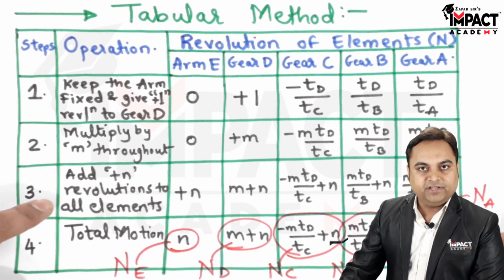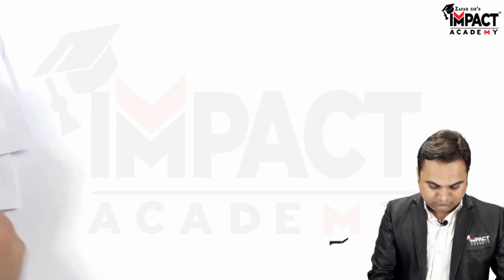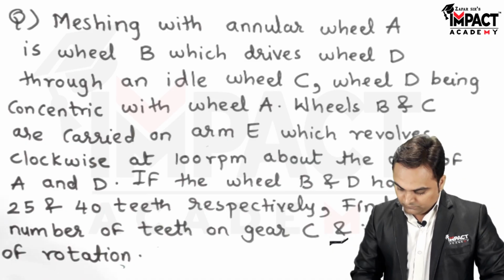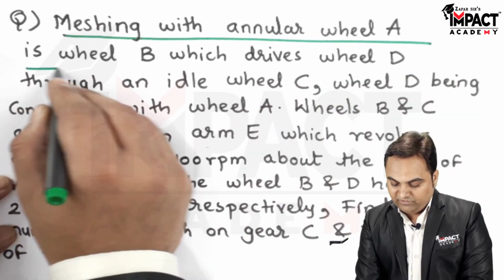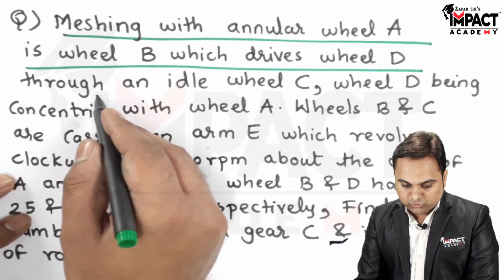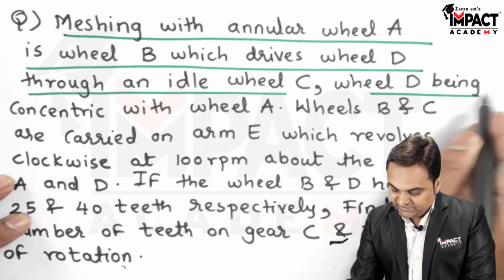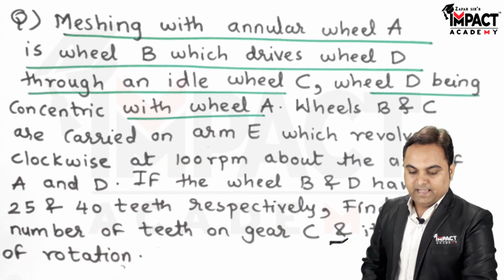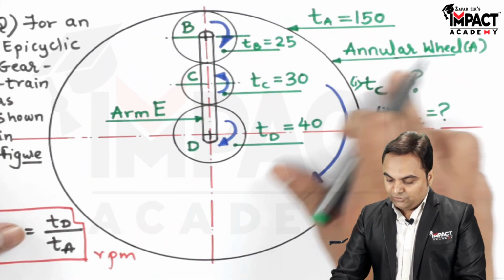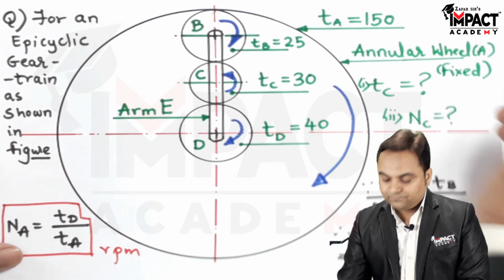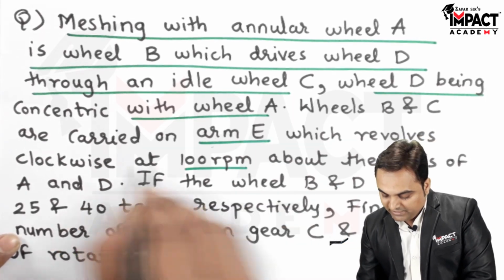And now I'll read the question again, what we have to find out. It was given in the problem, meshing with annular wheel A is wheel B which drives wheel D through an idle wheel C, wheel D being concentric with wheel A. And it was also given in the problem that the annular is fixed, and wheels B and C are carried on arm E, which revolves at 100 RPM in clockwise direction.